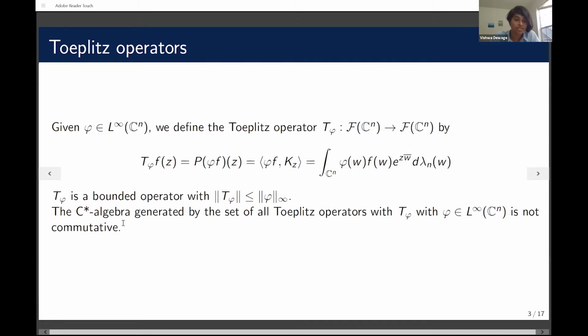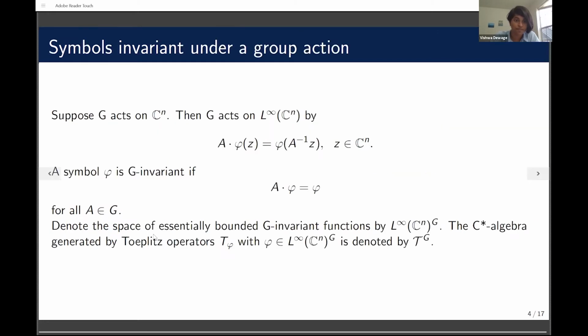Now the C-star algebra generated by all the Toeplitz operators with bounded symbols is not commutative, but we can find subalgebras which are actually commutative.